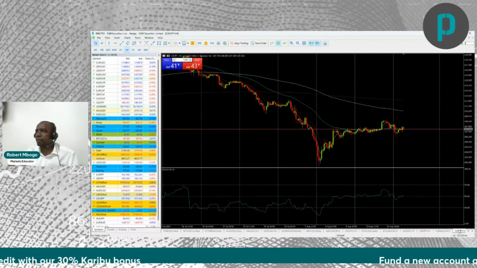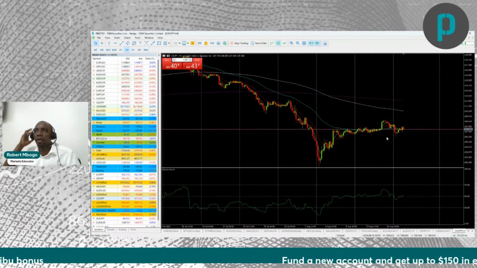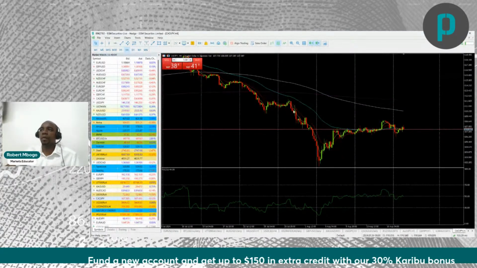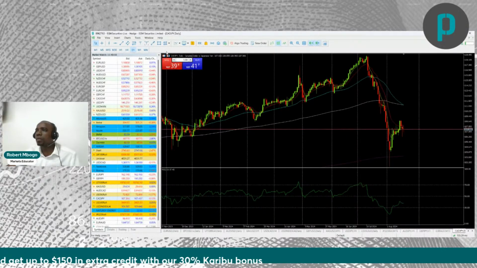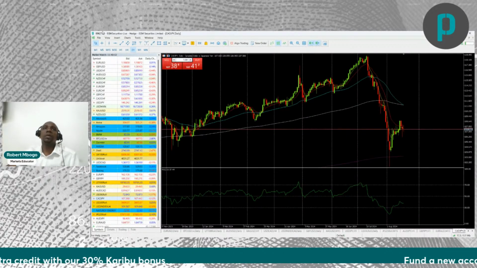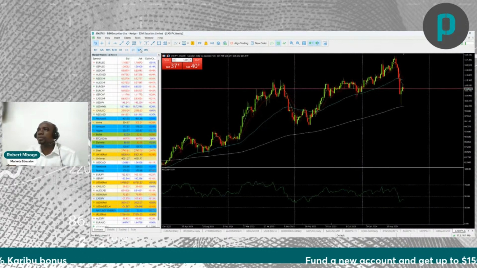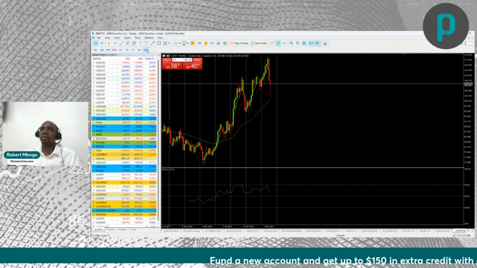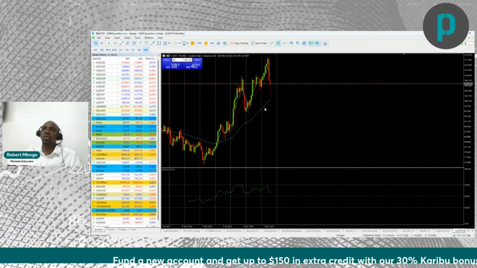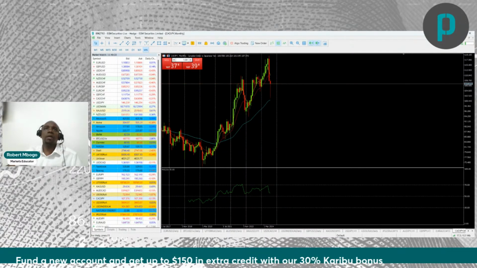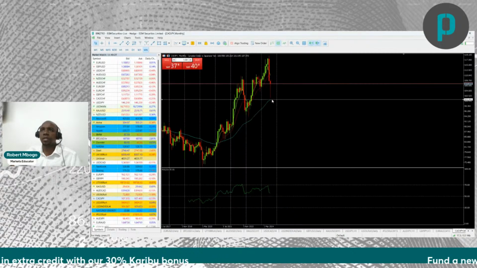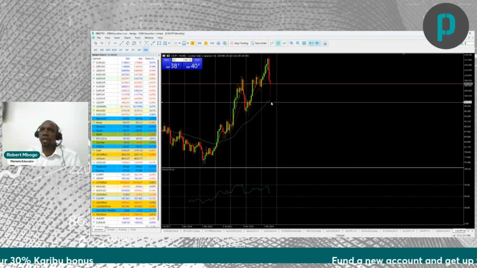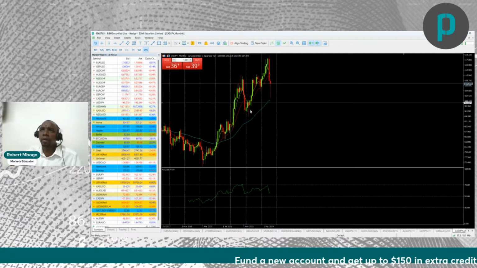Maybe let's look at CADJPY. CADJPY, or what are we looking at? If we go to higher time frames, we can see there's a potential area of support over here, courtesy of this order block right over here.